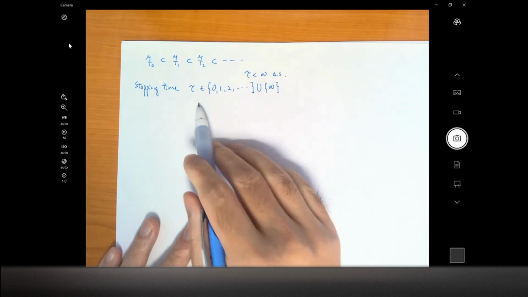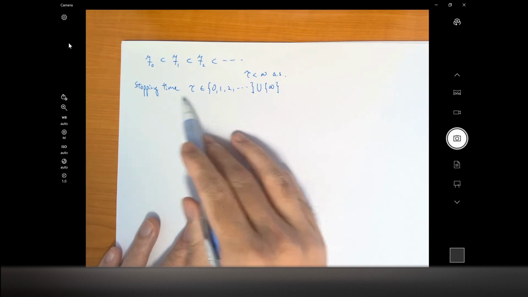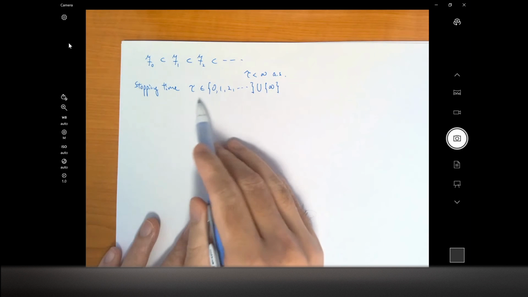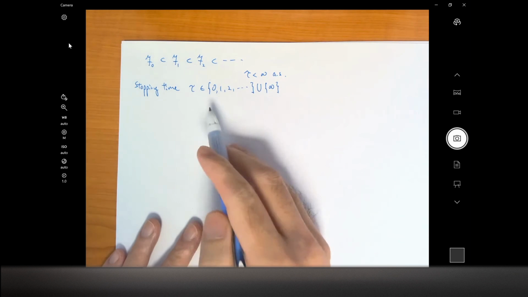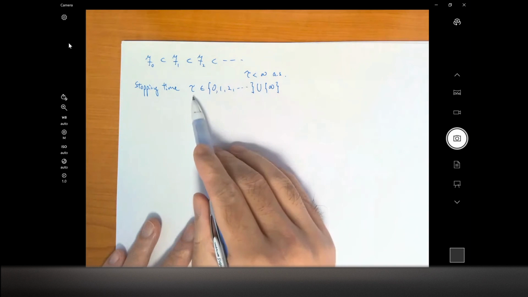This is a random variable, and the meaning of a stopping time is just an interpretation in the typical case where we associate tau with the first time a certain criteria is met. But of course, it can be very general.